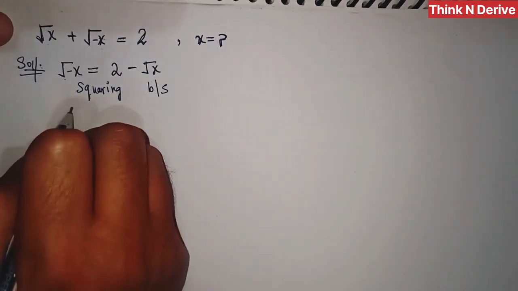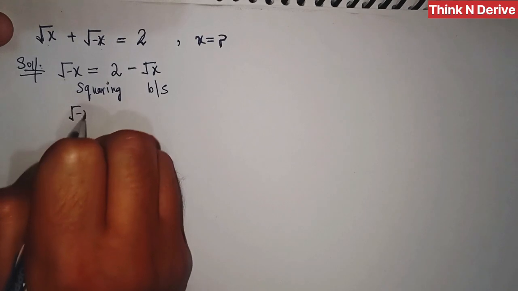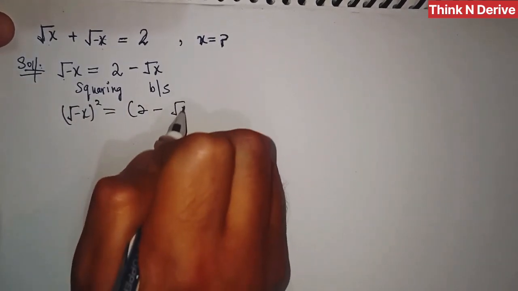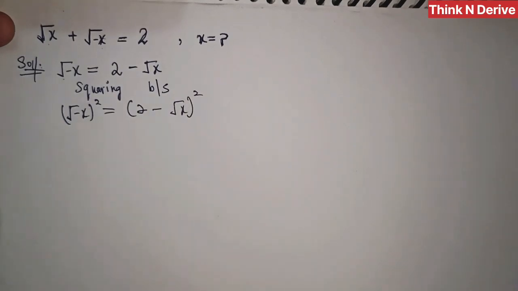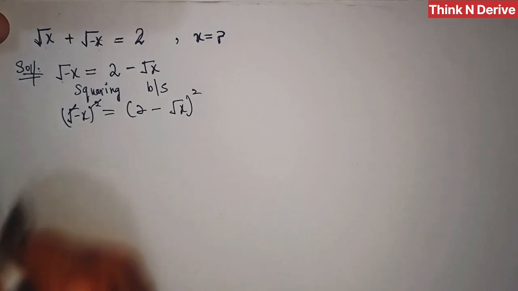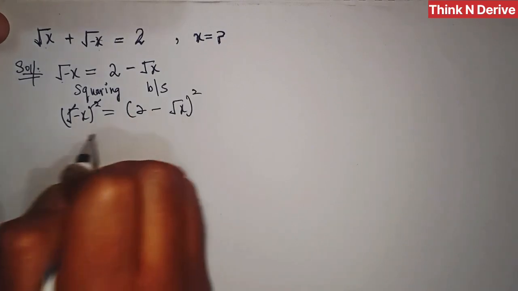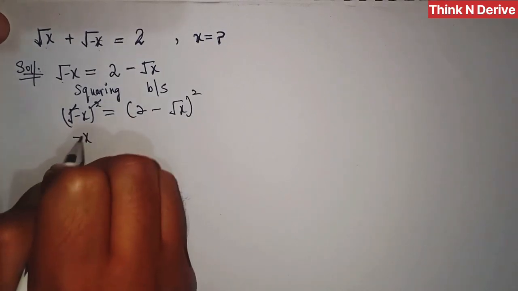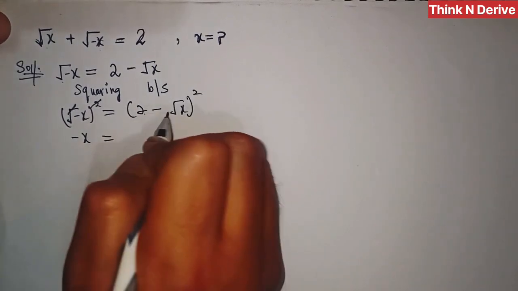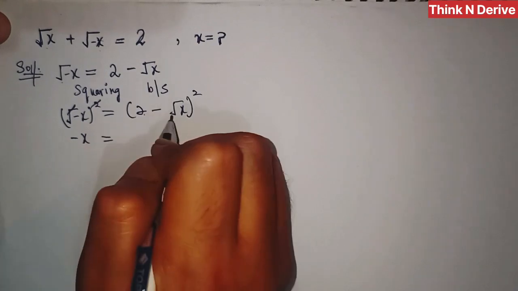So this will become (√(-x))², and here it will become (2 - √x)². The root and square will cancel out, and it will become -x equal to, this is a formula, (a - b)² = a² + b² - 2ab.